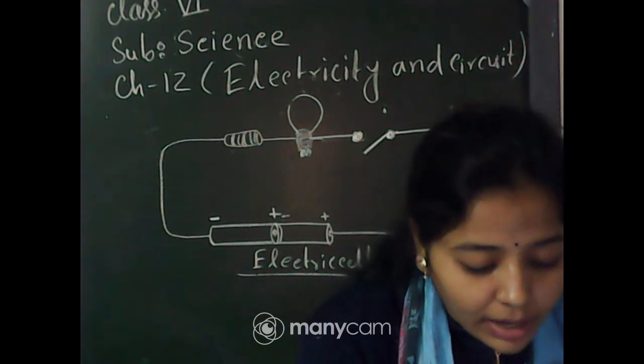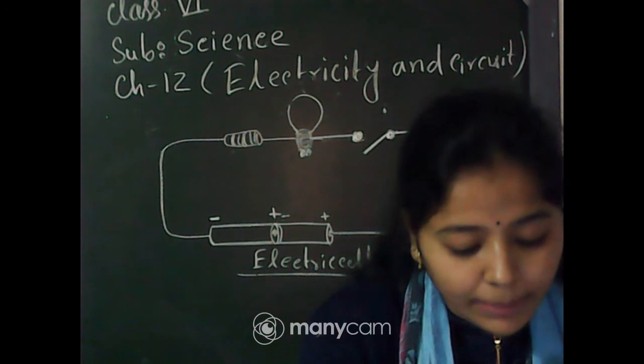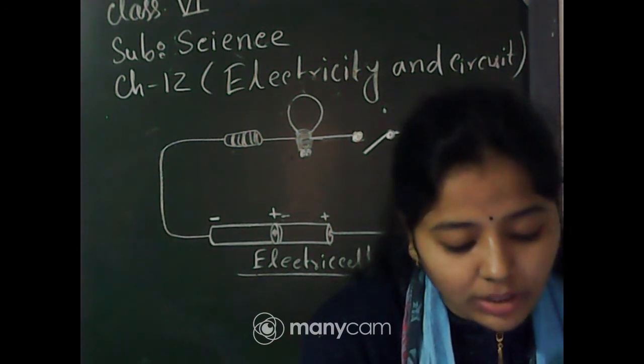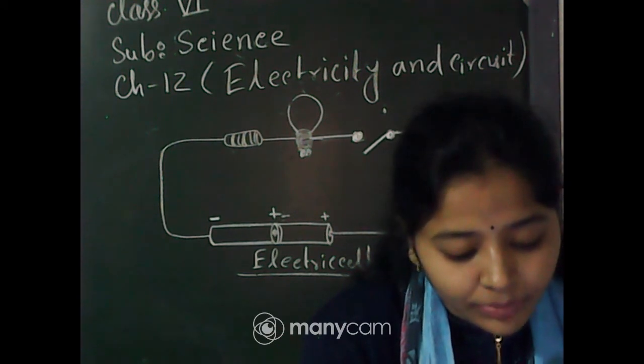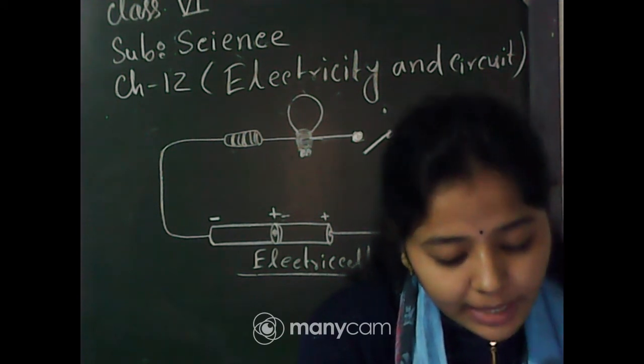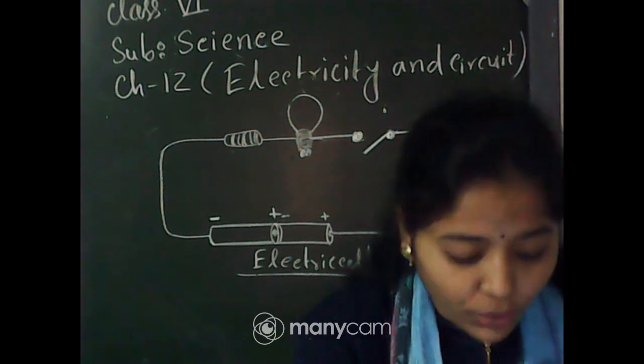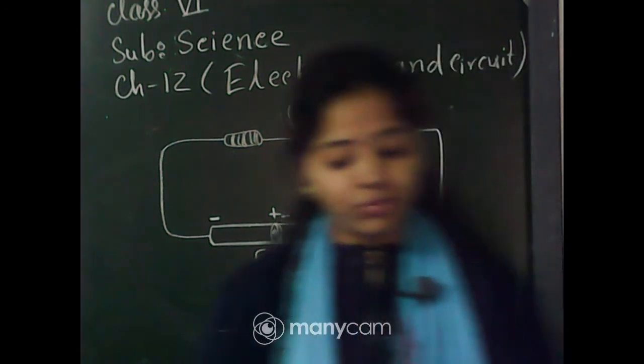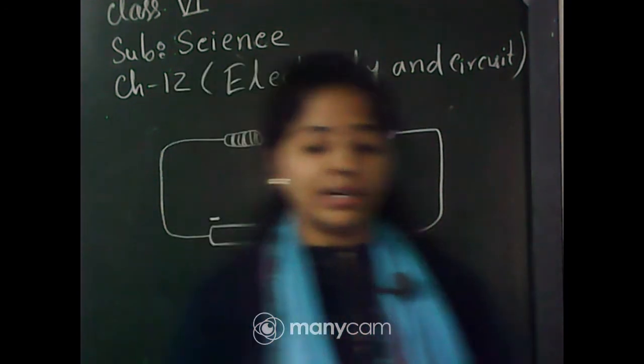Okay. Now make sure that the safety pin can be rotated freely. Now fix the other drawing pin on the thermocol sheet in a way that the free end of the safety pin can touch it. Okay. Now the safety pin fixed in this way would be the switch in this activity.